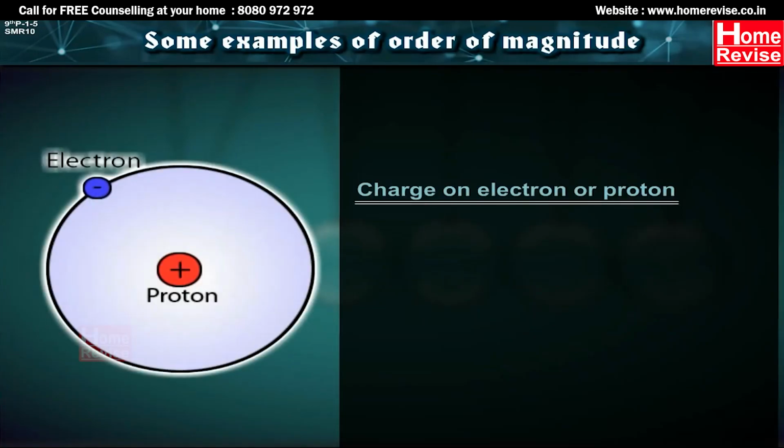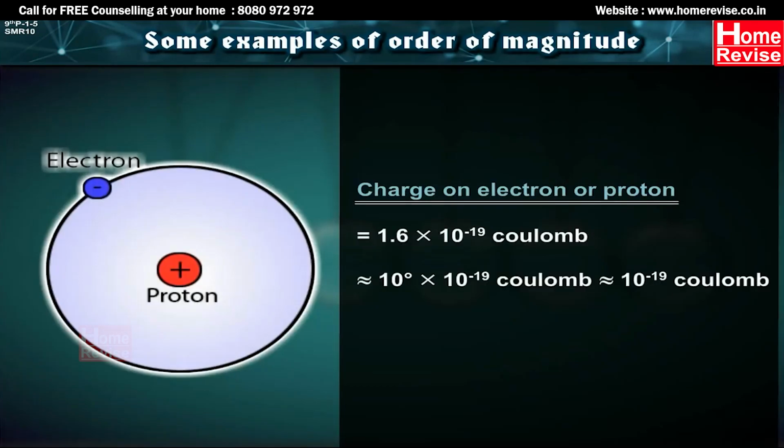Charge on electron or proton is equal to 1.6 into 10 raised to minus 19 coulomb, which is nearly equal to 10 raised to 0 into 10 raised to minus 19 coulomb, which is nearly equal to 10 raised to minus 19 coulomb. Order of magnitude is equal to 10 raised to minus 19 coulomb.